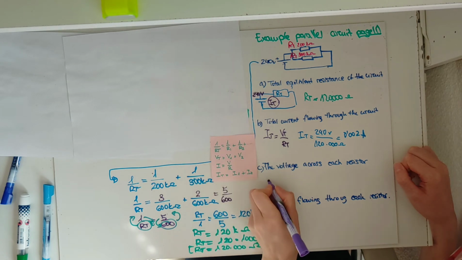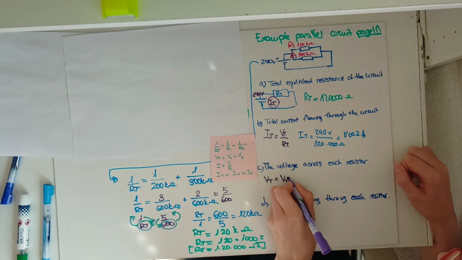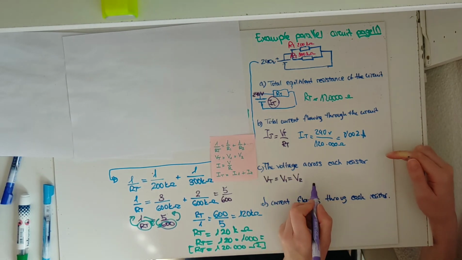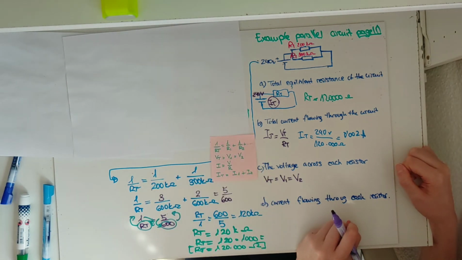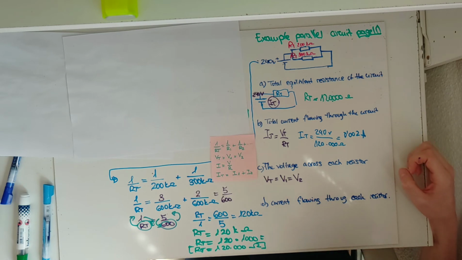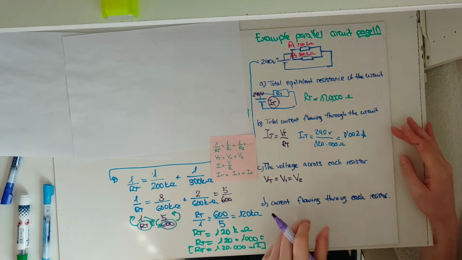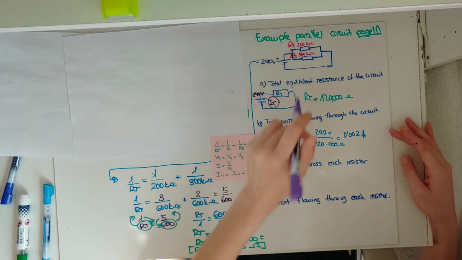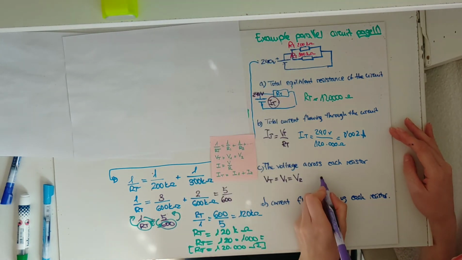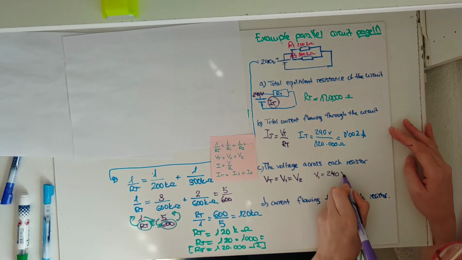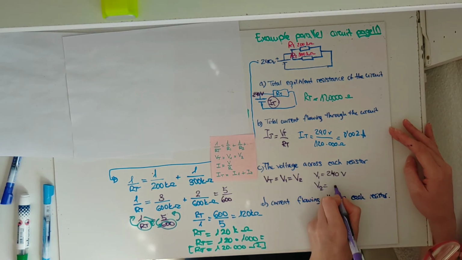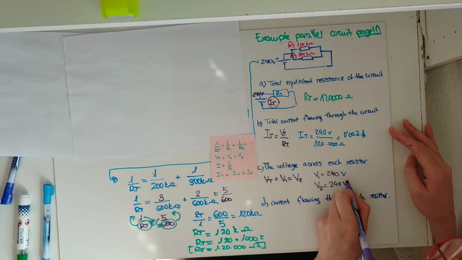I write the formula, and it's the total voltage is the voltage in the first resistor, and the voltage in the second one is the same. So the total voltage is the battery. Okay, is the voltage supplied by the battery. So the voltage in the first resistor is 240, and the voltage in the second resistor is 240 volts.